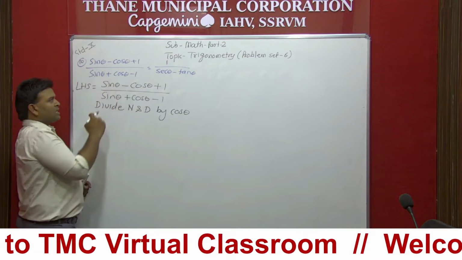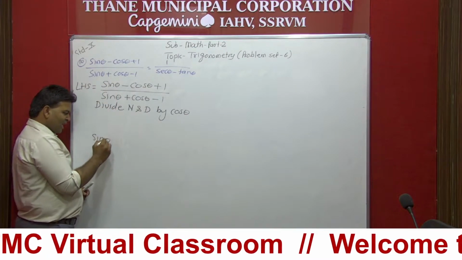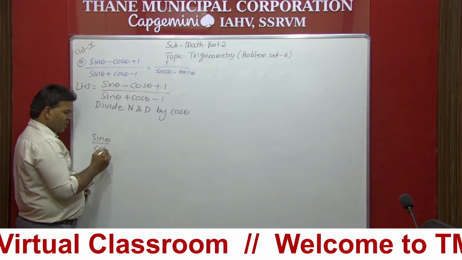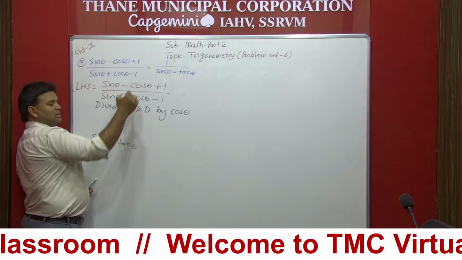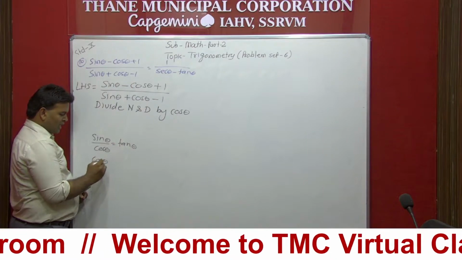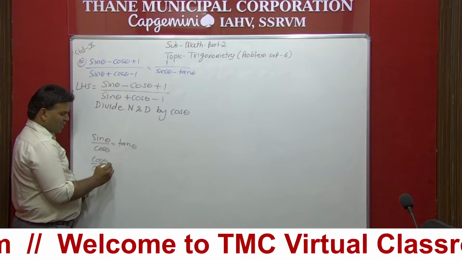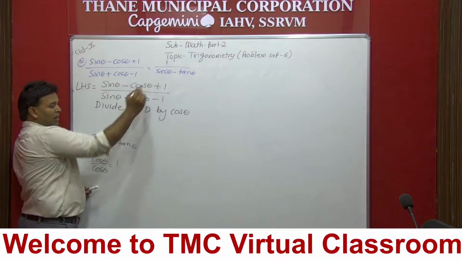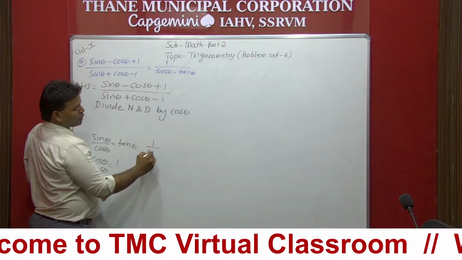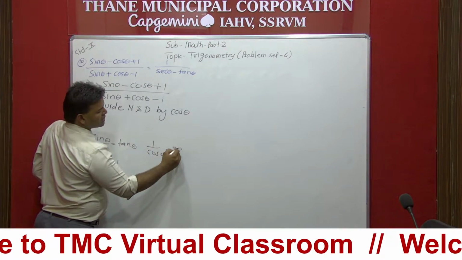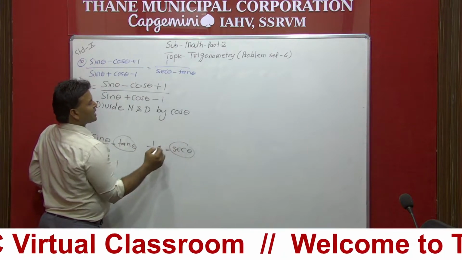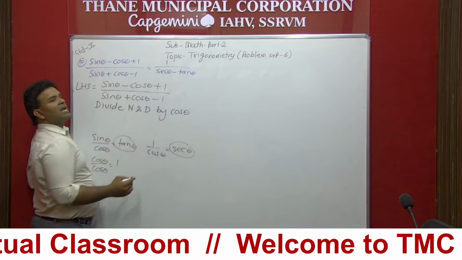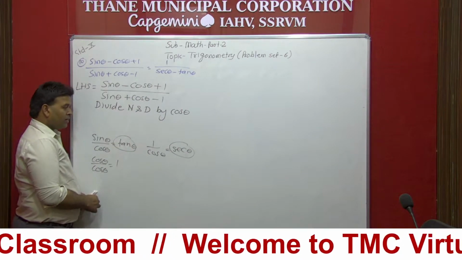If I divide by cos, sin theta divided by cos theta will become tan theta. Cos theta upon cos theta will give us 1, and 1 upon cos theta will give us sec theta. Now here we are getting tan theta and sec theta, and we want sec theta and tan theta in our right hand side.